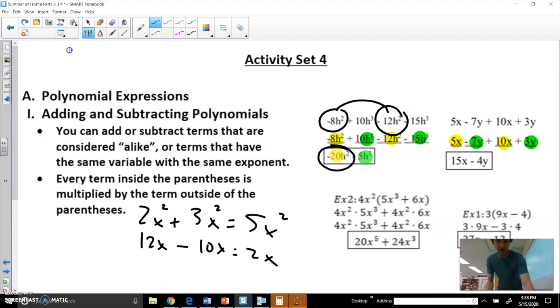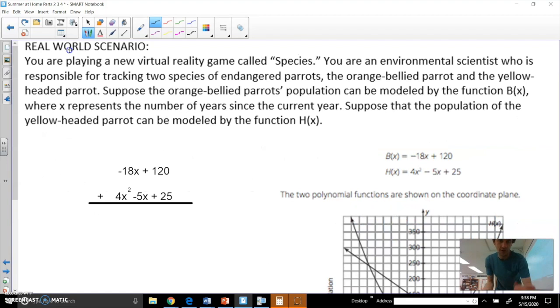So you may ask yourself, why would you ever want to do that? Well, sometimes you have scenarios, for example, let's say you were modeling different types of species. You had a certain type of parrot that was endangered, an orange-bellied parrot, and then a yellow-headed parrot. One of them is modeled by a linear function. Their population is decreasing over time.